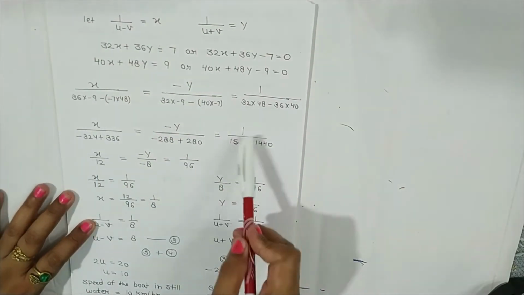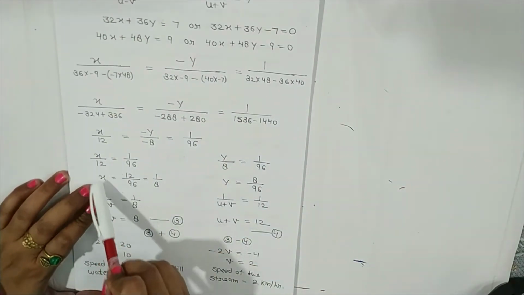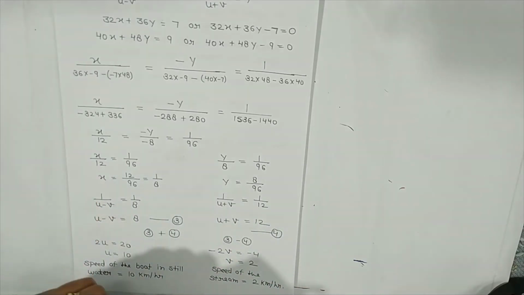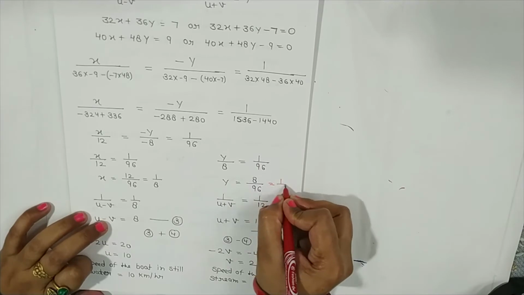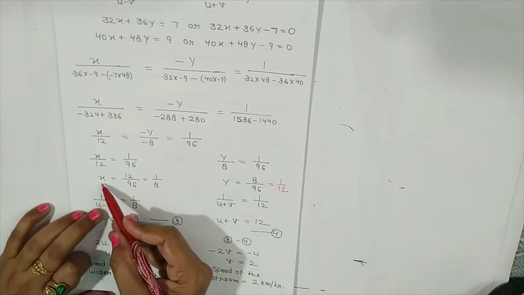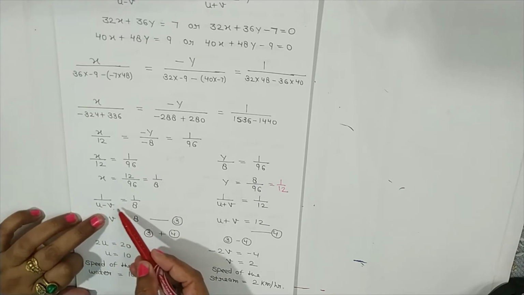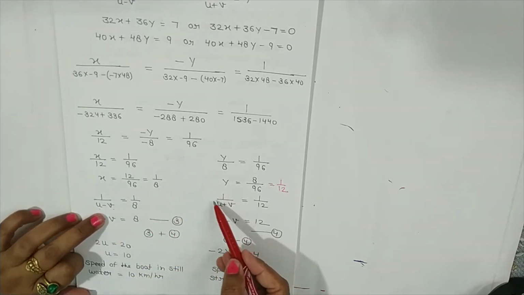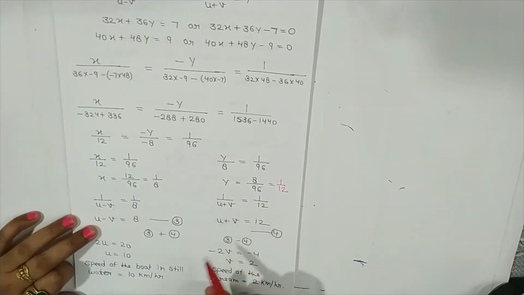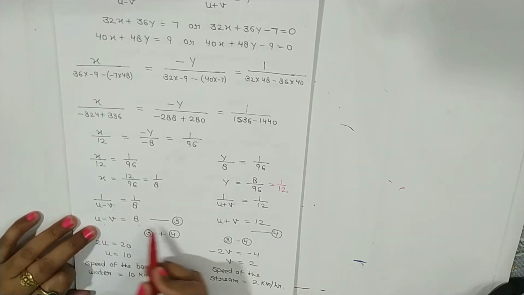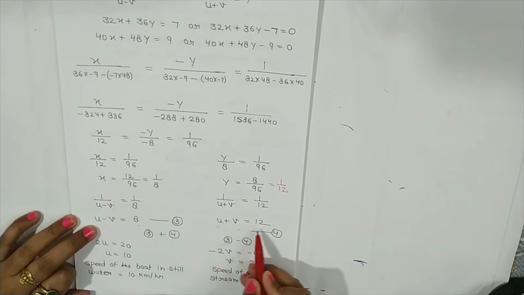Now, we have to solve. So, x is equal to 1 upon 8 and y is equal to 1 upon 12. Now, we put back the values: x is 1 upon u minus v and y is 1 upon u plus v. The final equations will be u minus v is equal to 8 and u plus v is equal to 12.